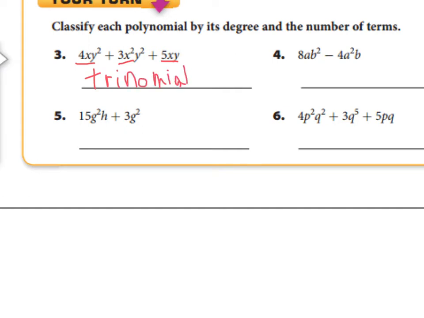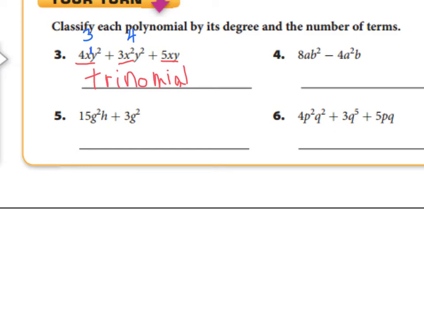Now I have to figure out the degree. Well, the first one, 4xy squared, the x has an exponent of 1. So since this is one monomial, I need to add those together. So this one has a degree of 3. The second term, we have an x squared and a y squared. So that has a degree of 4.